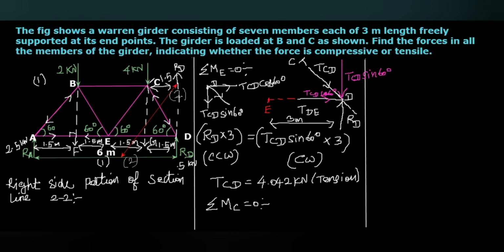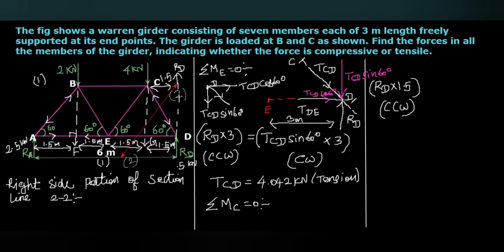So from the point C, when you take moment about the joint C, RD multiplied with 1.5 will be in counterclockwise direction.